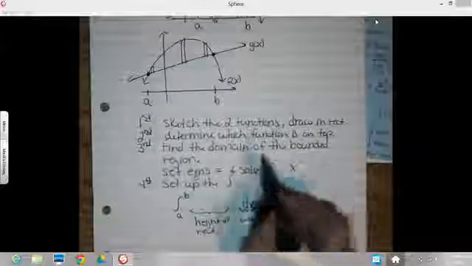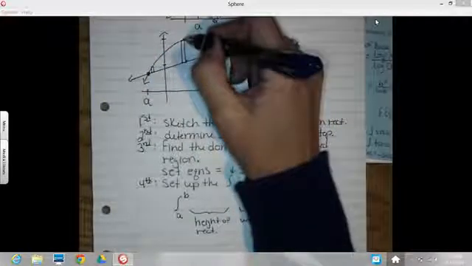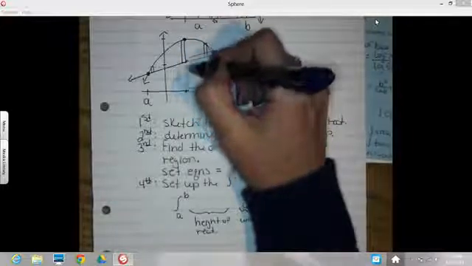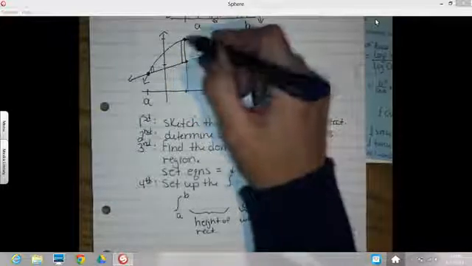Now the height, I want this distance from this y value to this y value. Well, that's just this top function, because the top function takes you from here all the way to the top, minus this bottom function, because the bottom function takes you up to here. And if we subtract those two distances, it's going to leave me with this part in the middle.